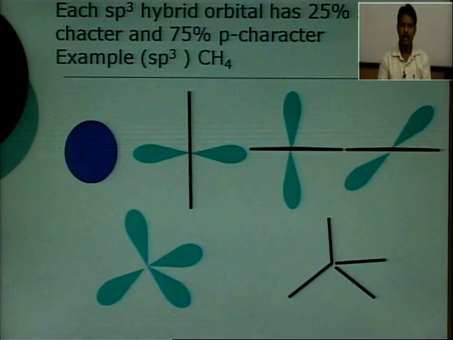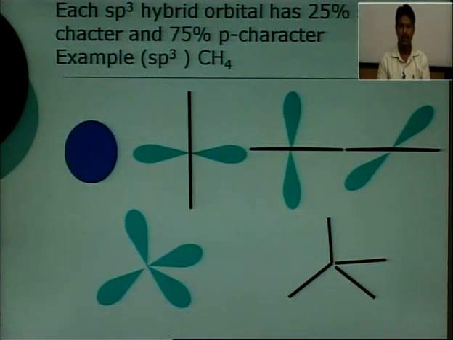Each sp3 hybrid orbital has 25% s character and 75% p character. The picture shows one s and three p orbitals, and after hybridization all orbitals are equally repelled and form a tetrahedral shape with angle 109.28.